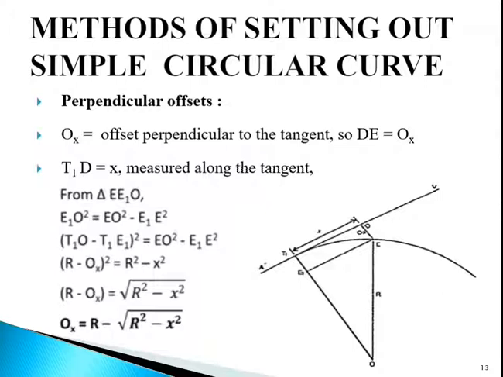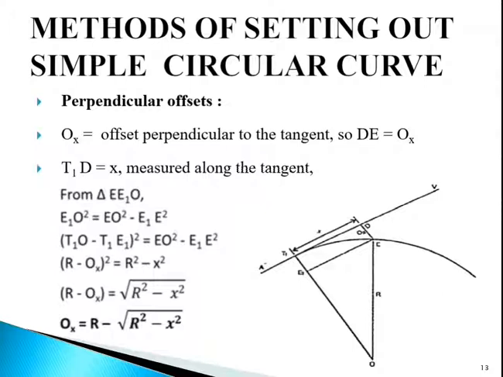From the figure, T1O minus T1E1 whole square is equal to EO square minus E1E square. Simplifying, R minus OX whole square is equal to R square minus X square, so R minus OX is equal to under root R square minus X square. So OX is equal to R minus under root R square minus X square.